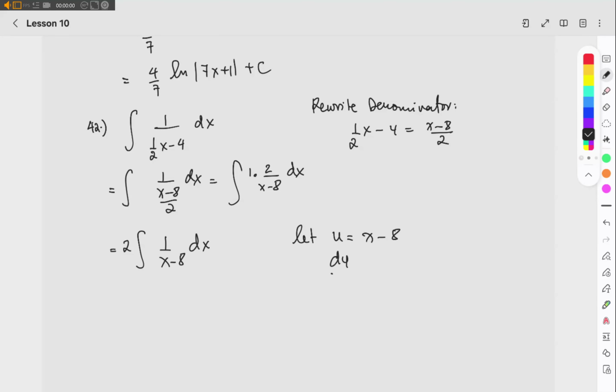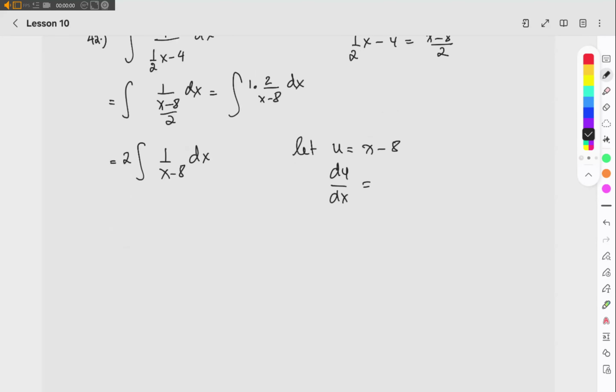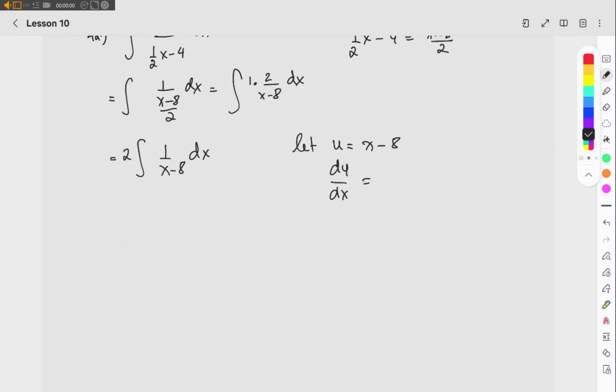What is du over dx? What is the derivative of just x? Just 1. So dx is simply equal to du.